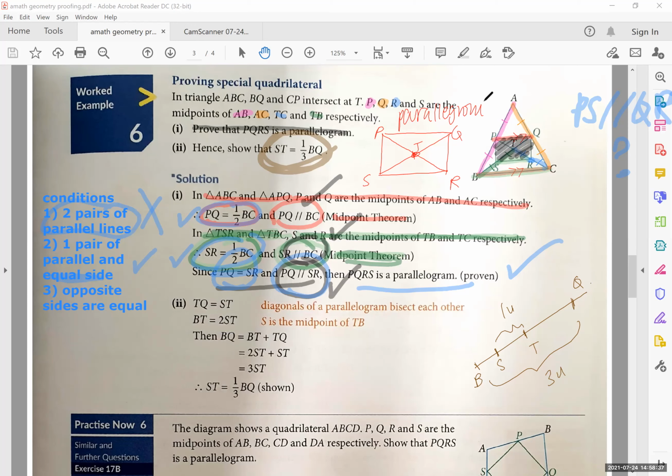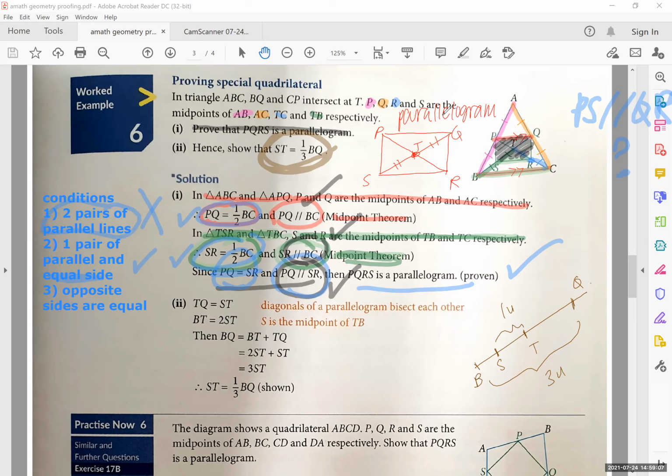So what do we know about diagonals of a parallelogram? Do you all remember the concept of a diagonal of a parallelogram? They bisect each other. Okay, we know they bisect each other. What else? Same length. Okay. Then do they form 90 degrees?